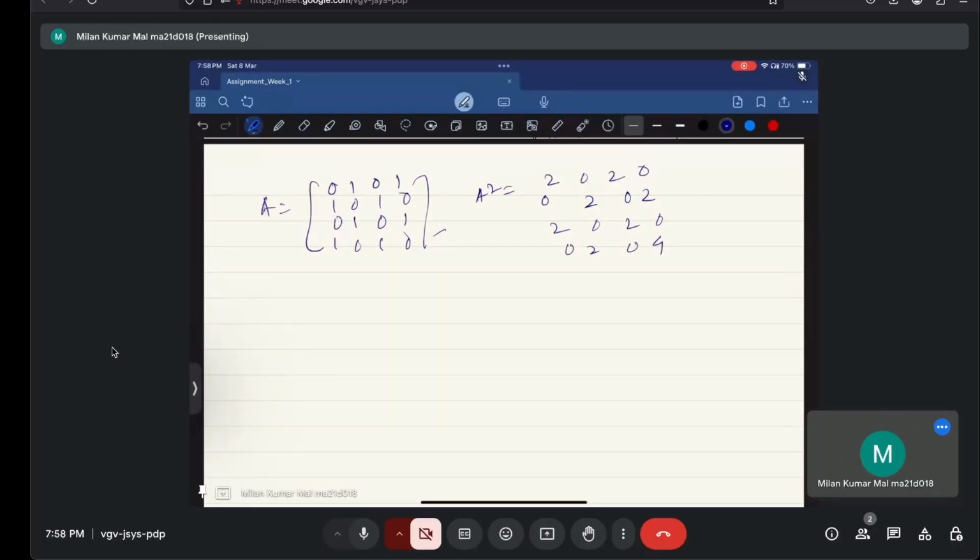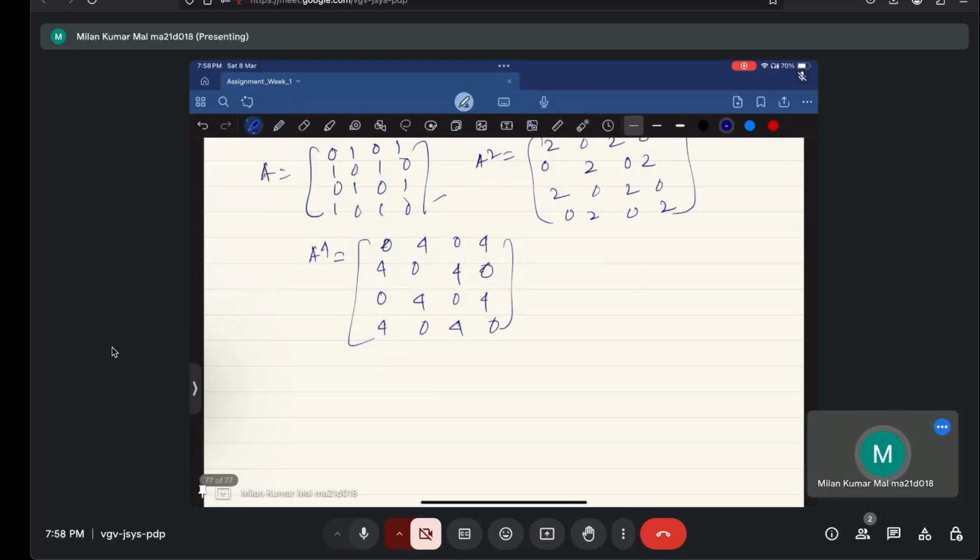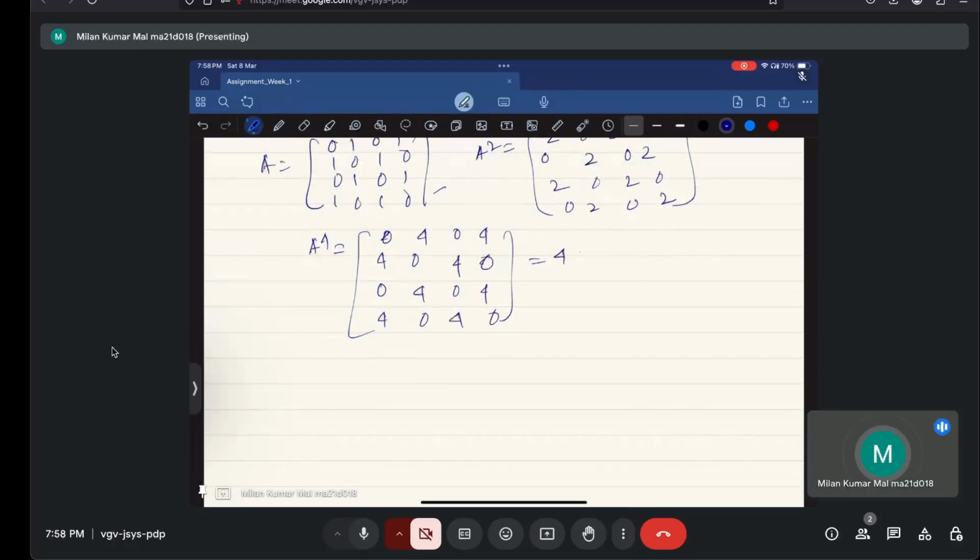Now A to the fourth will be 0 4 0 4, 4 0 4 0, and so on. Okay, this is the matrix. Therefore A to the fourth equals 4 times A.